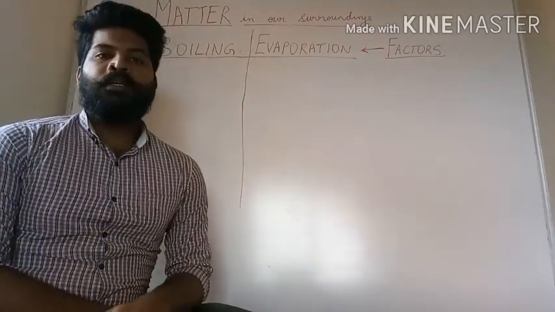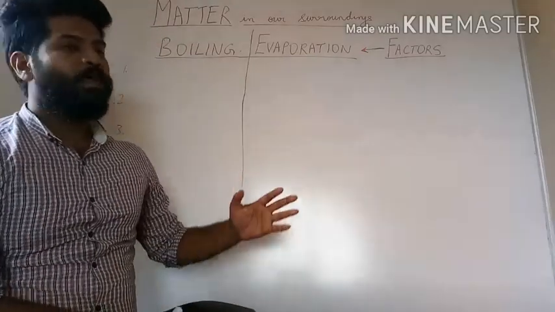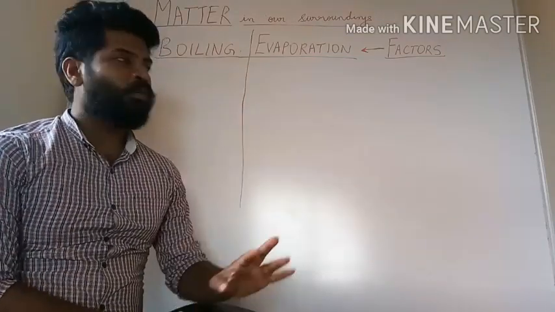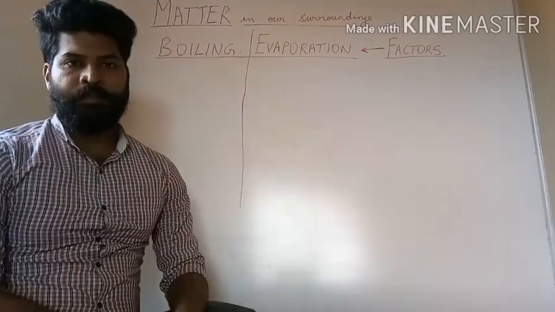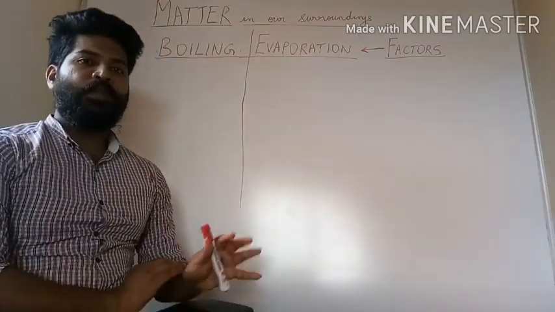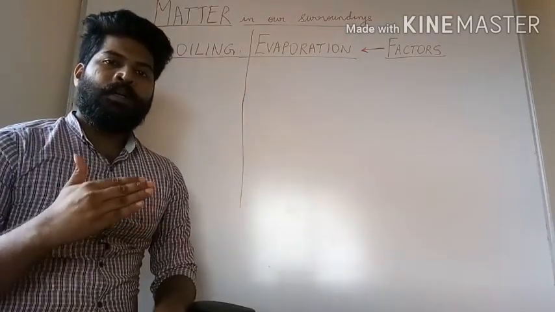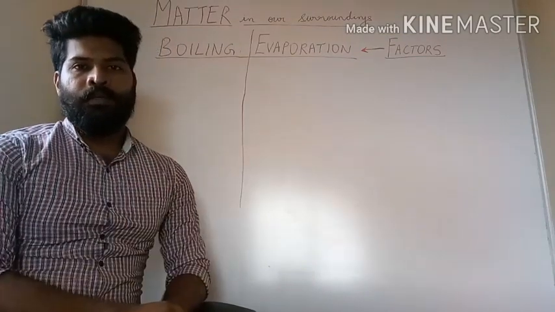Today we will be discussing the last portion, that is the difference between boiling and evaporation, and also what the factors are that affect evaporation. From our previous session we know that boiling is conversion of liquid into the vapor state.